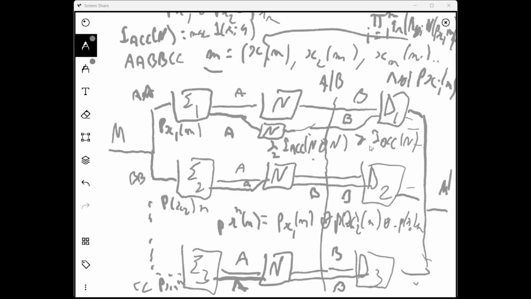Because this is a special case of that: N tensor N is a special case, because it's just N tensor I. So this suggests that the ultimate classical capacity of the channel is the regularization, 1 over k of the accessible information of N tensor k, which is the regularized accessible information of N, equal to this, with the limit of k going to infinity.